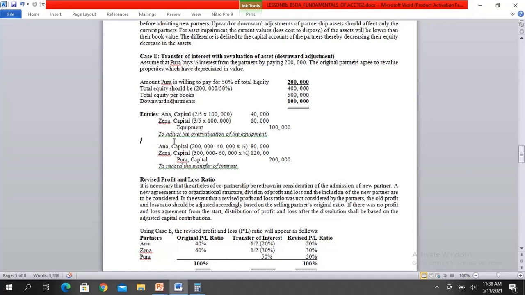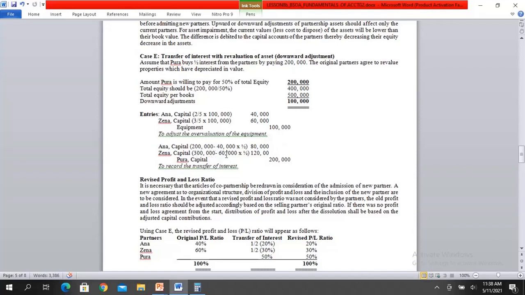Kaya, si Ana, babawasan natin yung original capital account na is 200,000. Less yung 40,000 na downward adjustment sa capital ni Ana. Multiplied by 1/2 kasi 1/2 yung bibili ni Pura. So, 80,000.